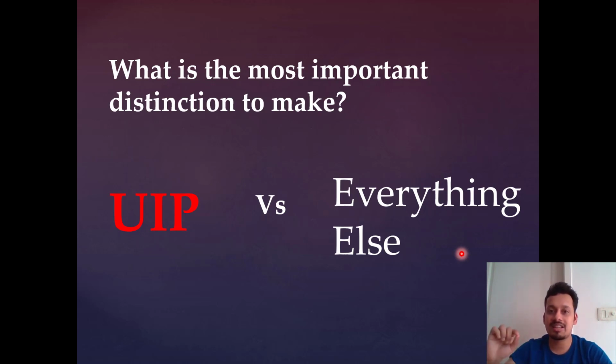So what is the most important distinction to make? It is basically to differentiate UIP or IPF, idiopathic pulmonary fibrosis, versus everything else. Why? Because the treatment is entirely different. The prognosis is entirely different with UIP and everything else. The prognosis of UIP is actually very bad.